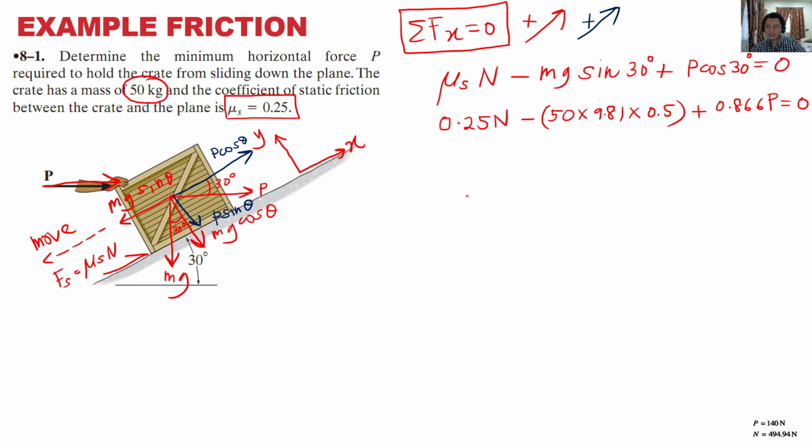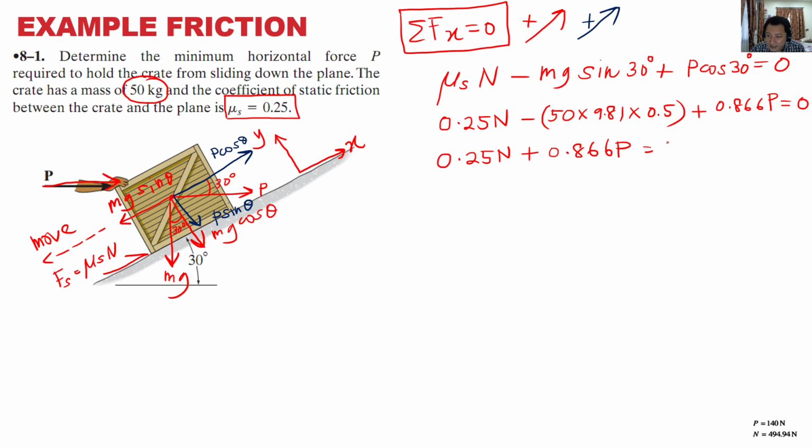Simplify this equation, you're going to get 0.25 N plus 0.866 P equals 50 times 9.81 times 0.5, which is 245.3.